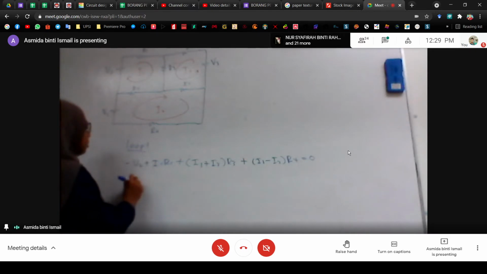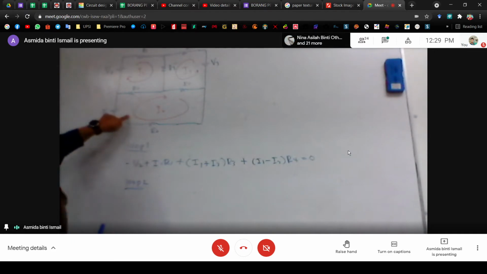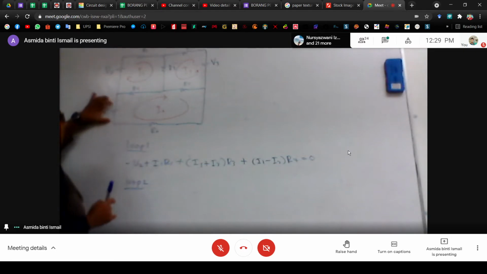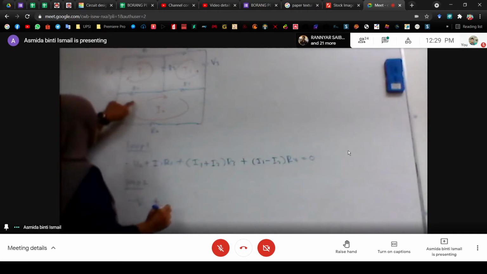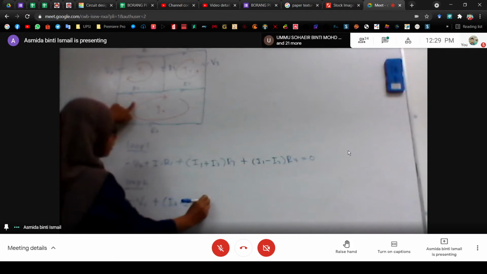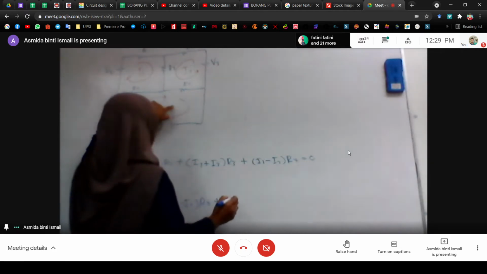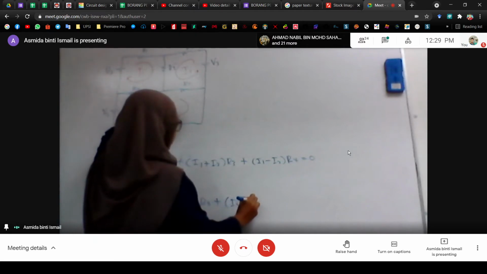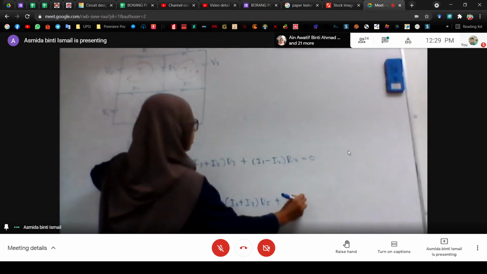Okay. Loop 2. Loop 2 is loop 2. You start from this one minus V1 plus I2 minus I1 times R4 plus I2 plus I3 R1 plus I2 R6.